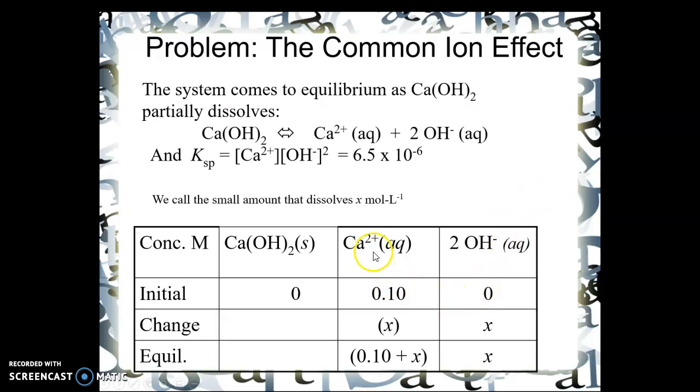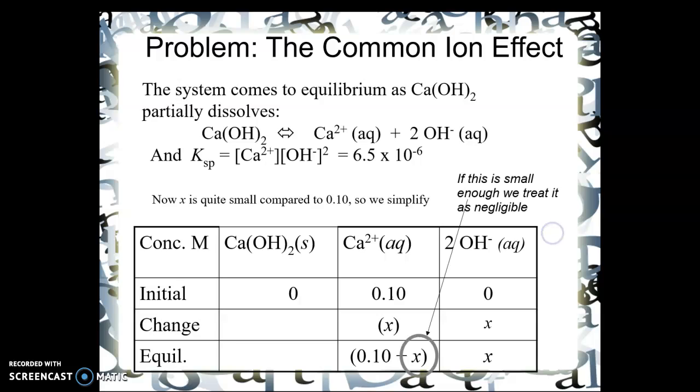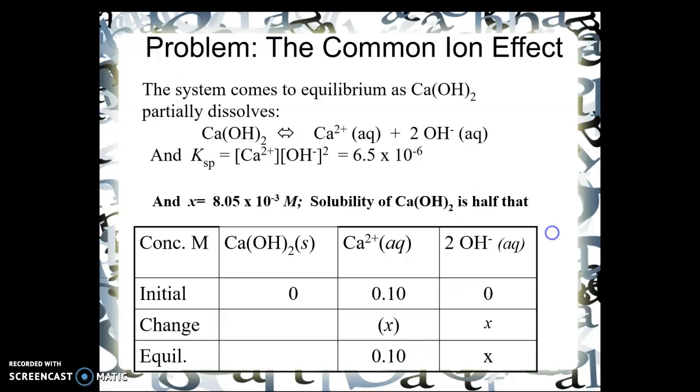Now, the calcium that dissolves, X, is going to increase the 0.1 molar by X. The hydroxide is going to be 2X. Now, X is quite small compared to 0.1, so we can simplify this, treating it as negligible, treating it as 0. And the equilibrium concentration of calcium then is 0.1.